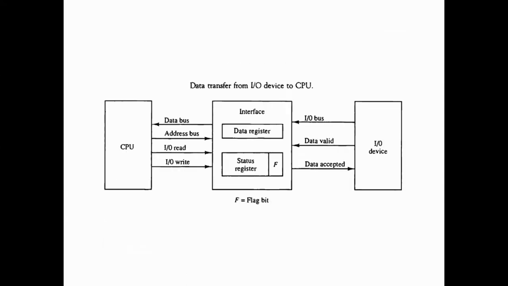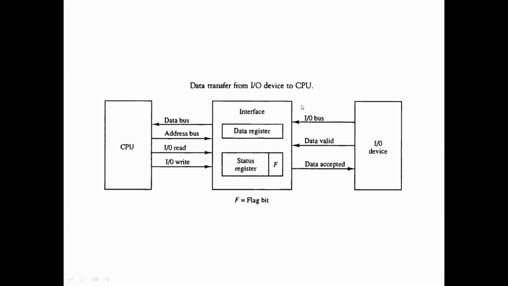This is a diagram which is showing us data transfer from IO device to CPU. So this is some IO device, for example, a keyboard or a printer. This is the CPU, and in the center there is an interface unit.